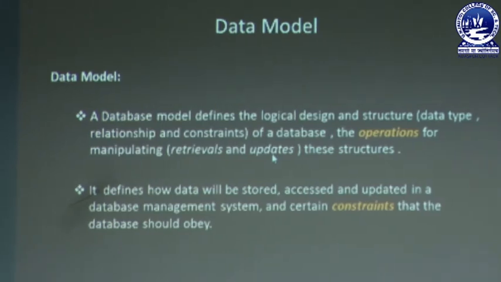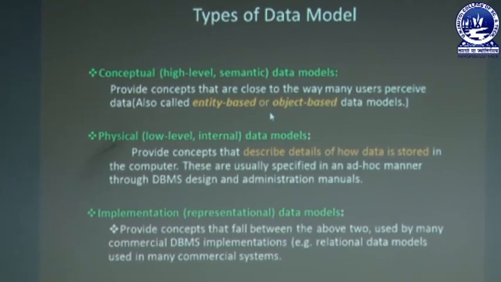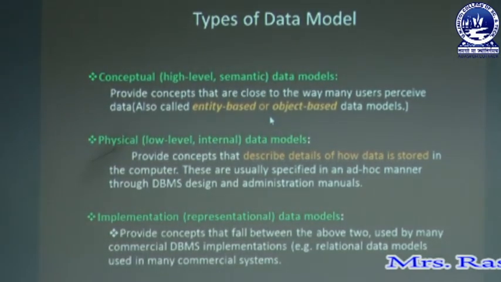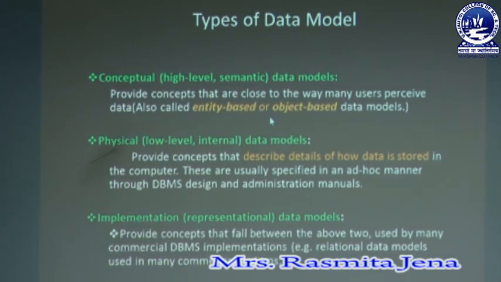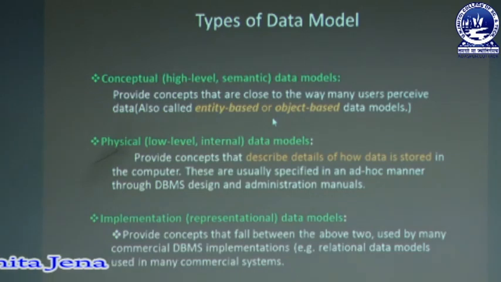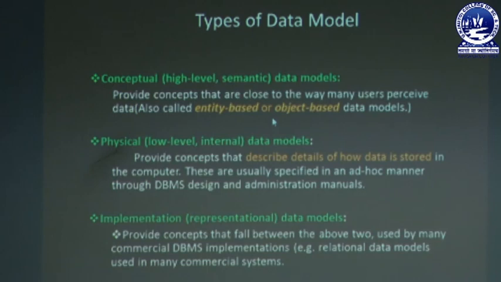Then we have to know what are the different types of data model. There are three different types of data model. First one is the conceptual or high level data model, second the physical data model or low level data model, and third the implementation or representational data model. Conceptual data model is what? It provides concepts that are close to the way many users perceive data, and that is also called entity based or object based data model.